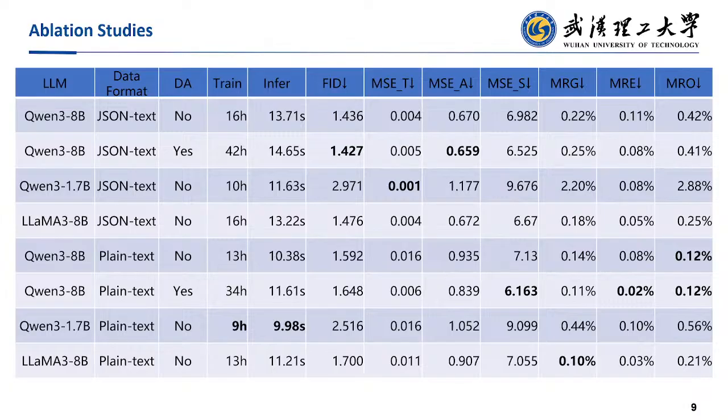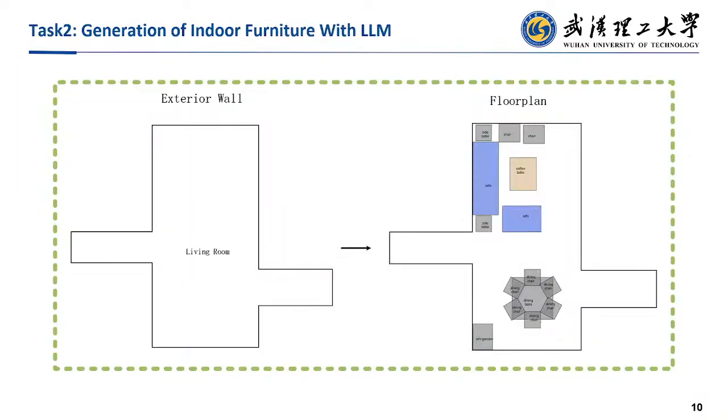Usually plain TXT would be slightly worse, but it's very similar. Because JSON is easier to understand, we prefer to use JSON, though it has more text, so it will be more expensive.